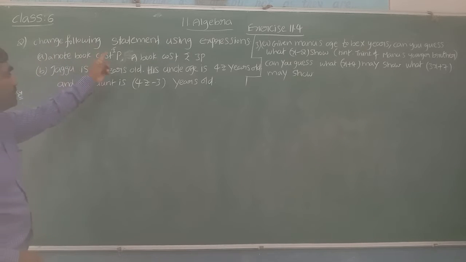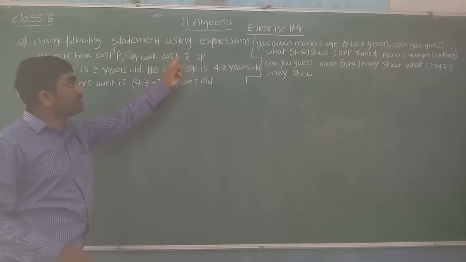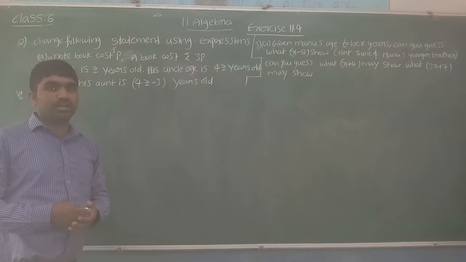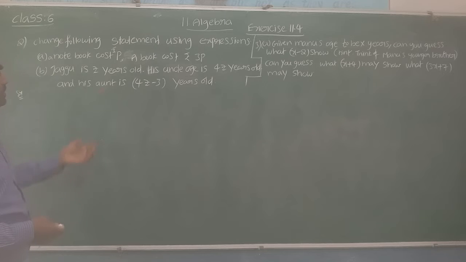A notebook costs rupees P, a book costs rupees 3P. So how can I write this? We can write it as: a book costs 3 times the notebook cost.